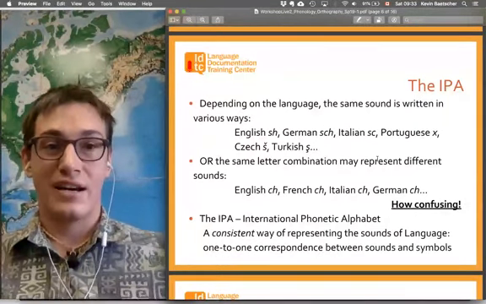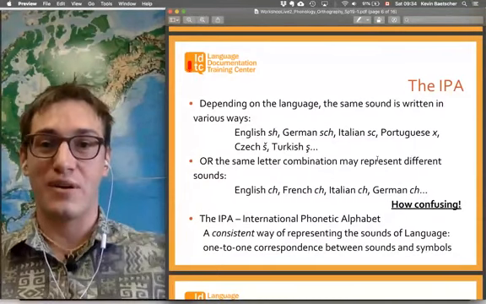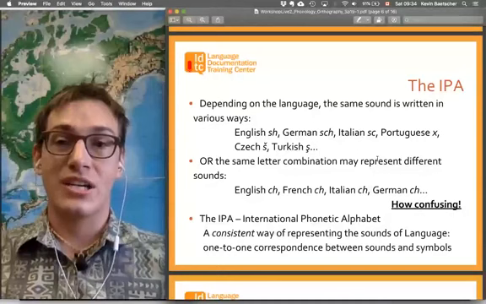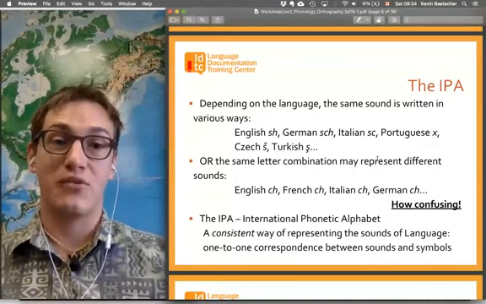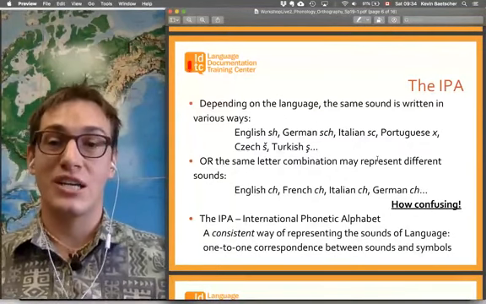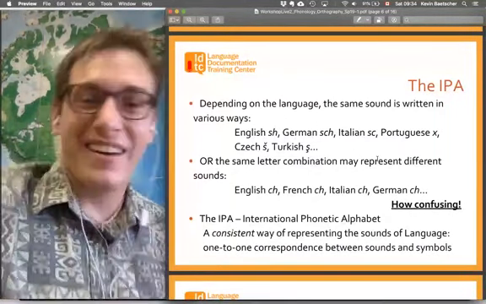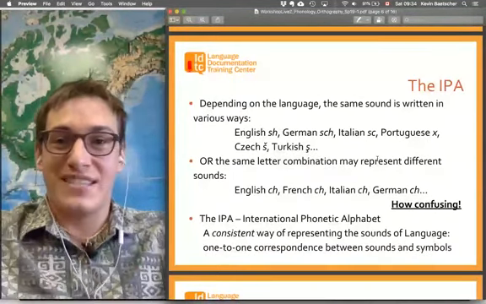And in Italian, ch is pronounced as k. And in German and in Welsh, the letter combination ch is pronounced as the ch sound I mentioned. How confusing, right? Why can't people just agree and use the same system to write sounds, right?